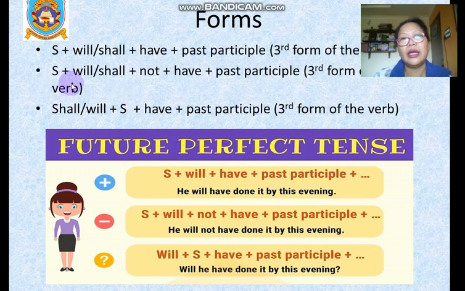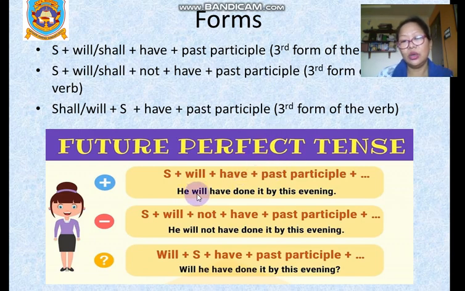Okay, in a negative sentence we will use shall, will, have, and then we will use not and have and past participle. In all three forms of sentences, the verb will remain the third form of the verb. And as we all know, will or shall will go before the subject.